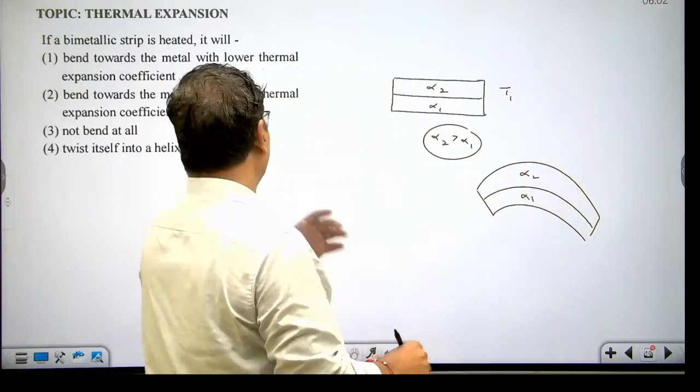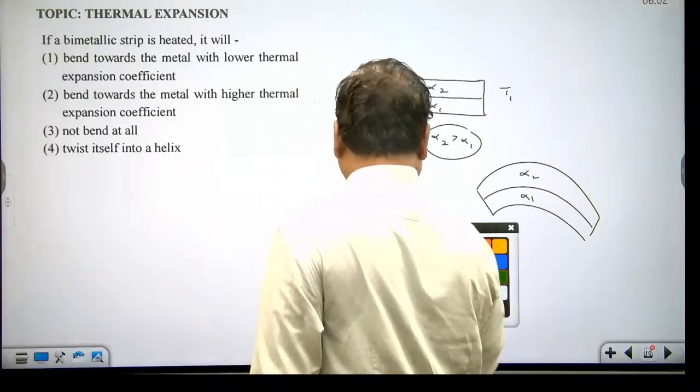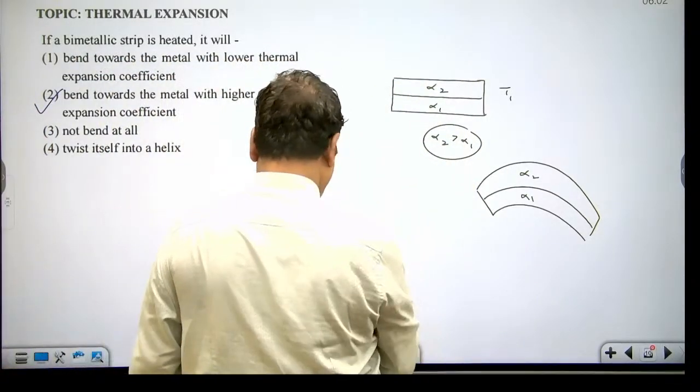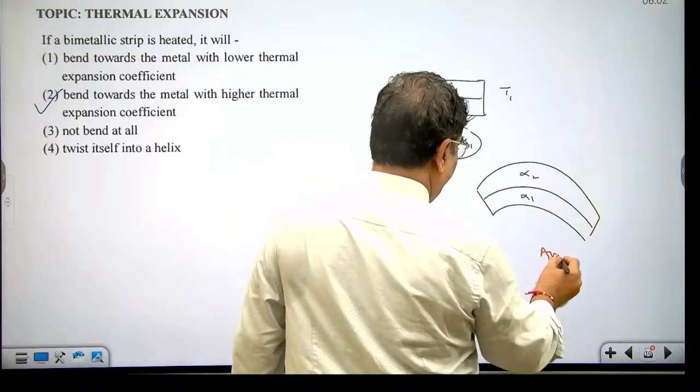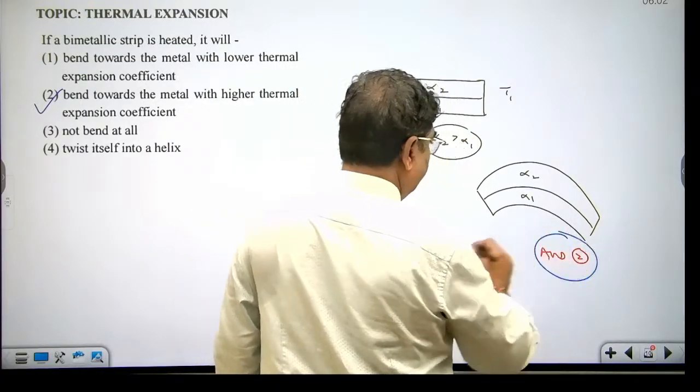It will bend towards the metal with higher thermal expansion coefficient. So out of 4 choices, the correct choice is option 2. So we will take option 2 as the correct answer.